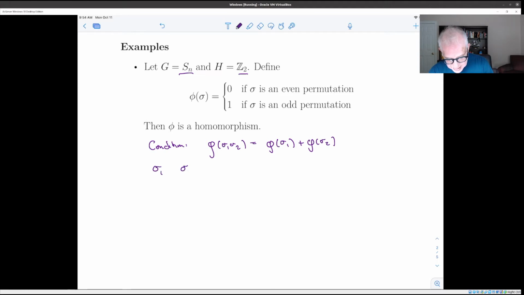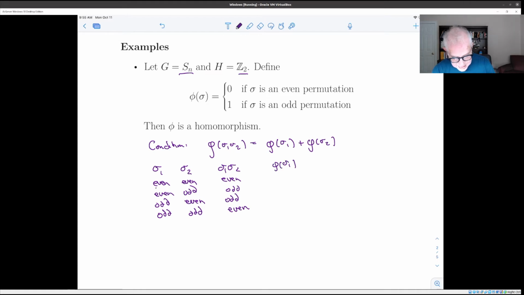Sigma 1 and sigma 2 can both be even. One can be even and one can be odd, or the other way around. Or they can both be odd. In these cases, sigma 1 sigma 2 is even, odd, odd, even. We've seen this a million times. And phi of sigma 1 is 0, 0, 1, 1, because it's 0 if sigma 1 is even and 1 if it's odd.